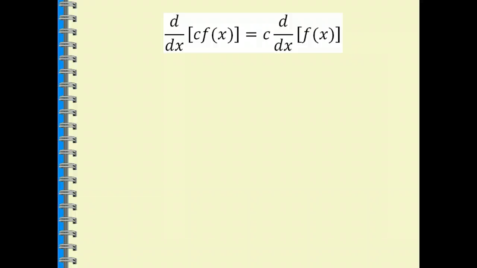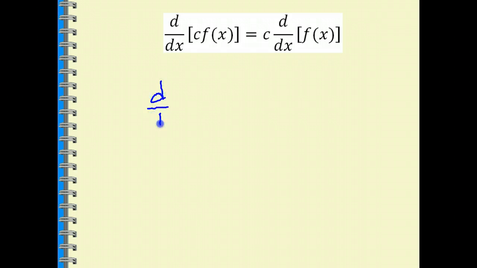One other thing dealing with a constant: if we have a constant coefficient, that can be taken out of the derivative. Just like we could take constants out of limits and put them out front, the same thing happens with the derivative. A constant times a function is the same thing as that constant outside of the derivative of that function. So let's take a look at an example.